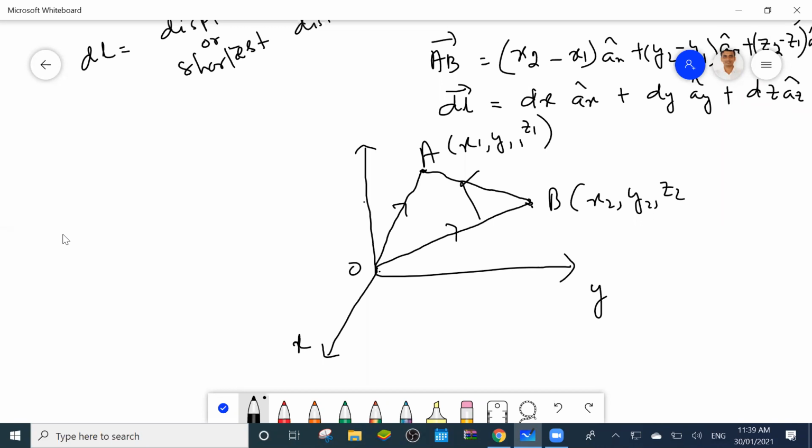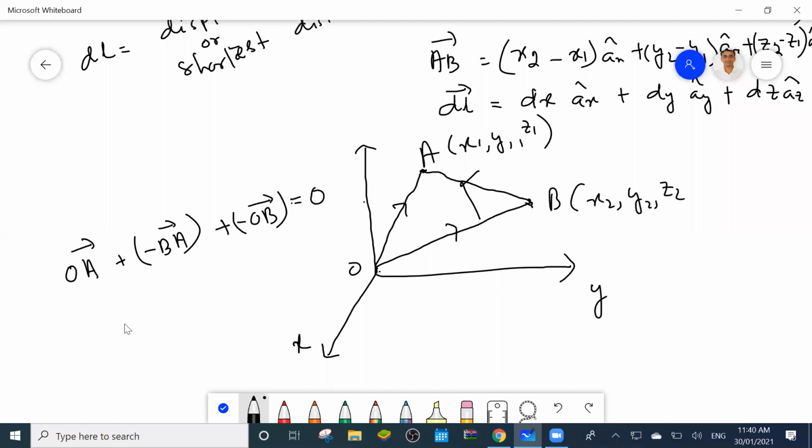So in this case, what happens? In this diagram, we have OA, then the other one is B to A, plus minus B to A. Then AB, which is also in the opposite direction, plus minus OB equals 0.